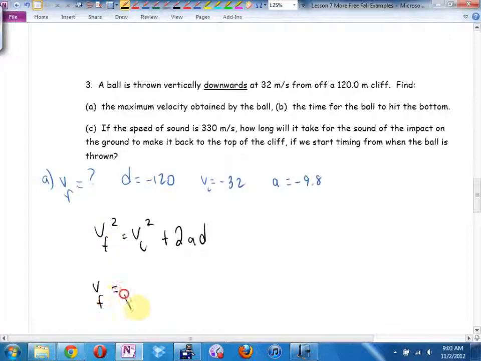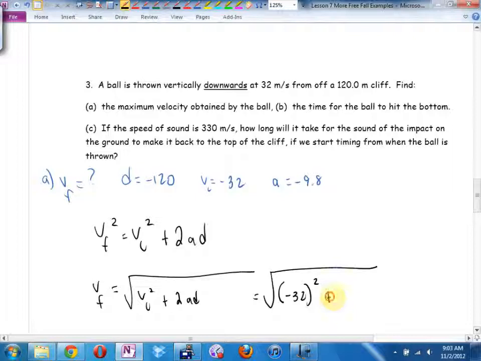VF is going to be the square root of VI squared plus 2AD. It's going to be the square root of negative 32 squared plus 2 times negative 9.8 times negative 120.